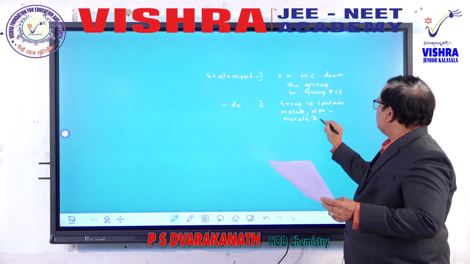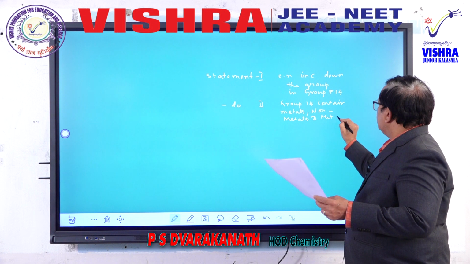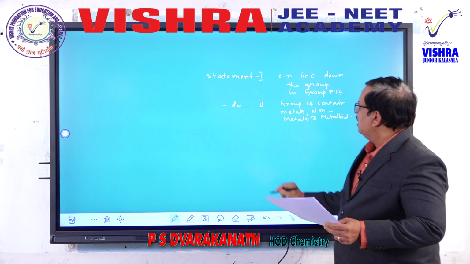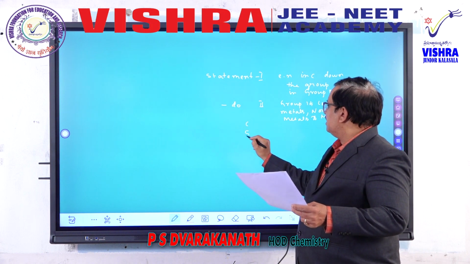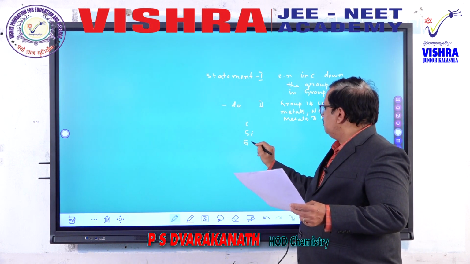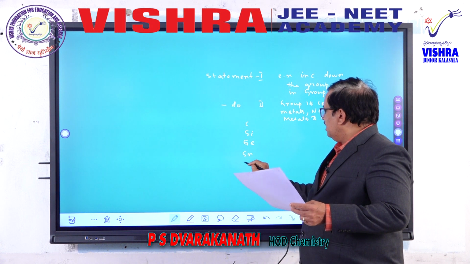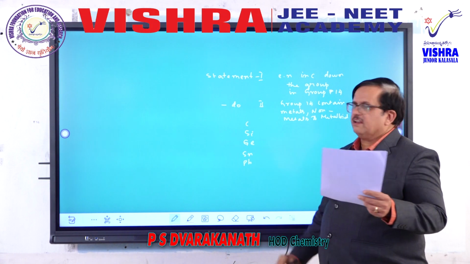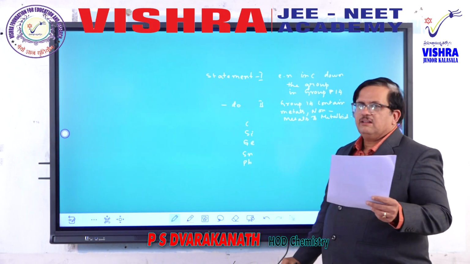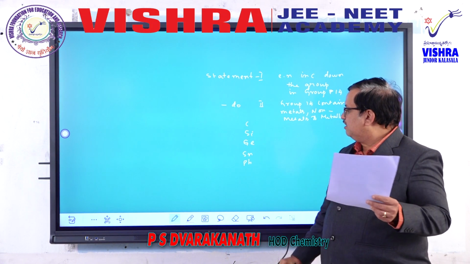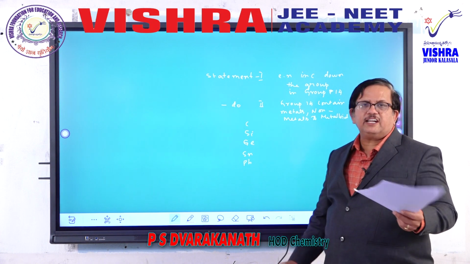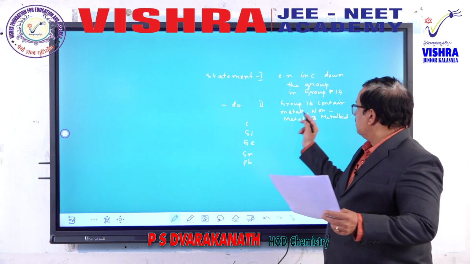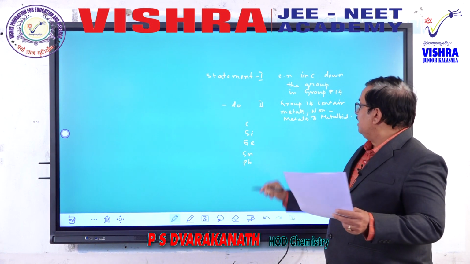Now, if you observe the 14th group elements, carbon, silicon, germanium, tin and lead. Carbon is a non-metal, silicon is a metalloid and germanium is a metalloid, tin and lead are metals. Therefore, it includes the non-metals, metals and metalloids.